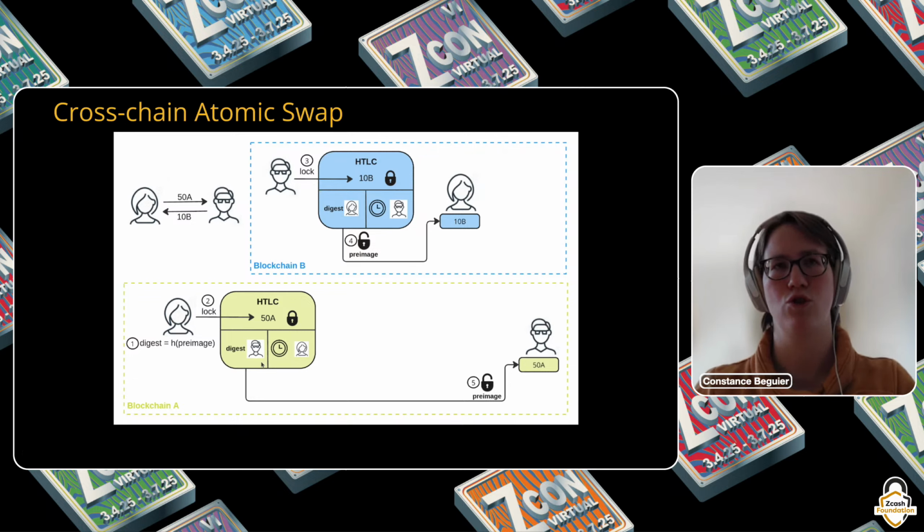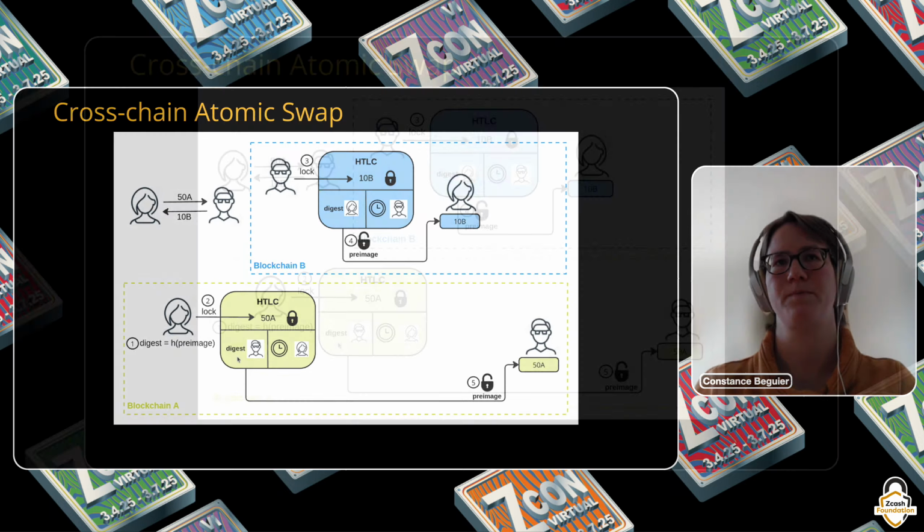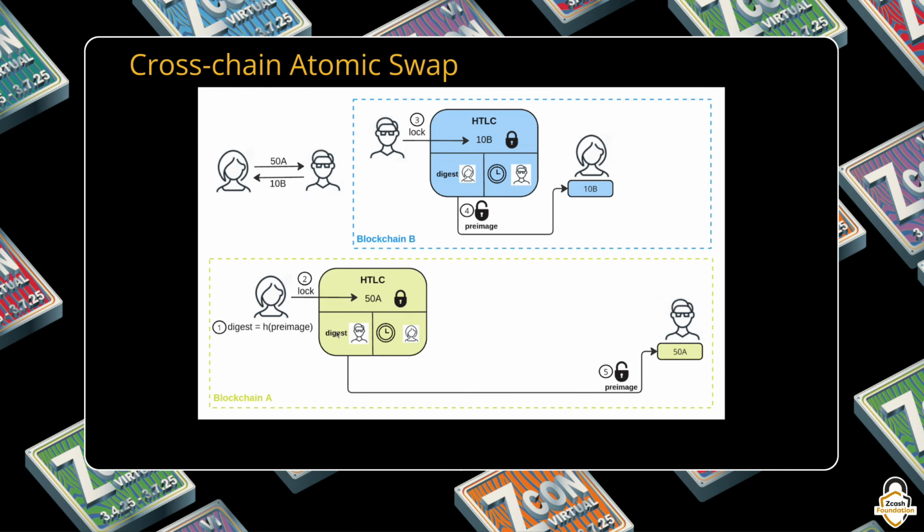He will check all the parameters, the amount, 50 of asset A, and the fact that he could unlock this contract if he knows a pre-image of a digest. So he will know the digest, and he will also check the deadline here.